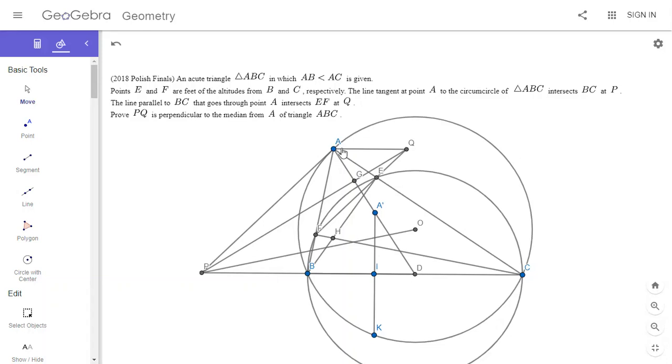So basically, we know that APBO is cyclic, right?